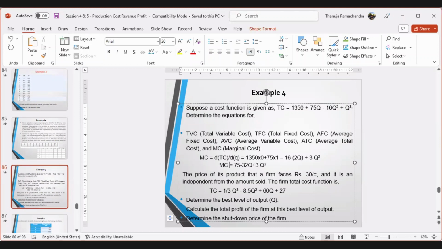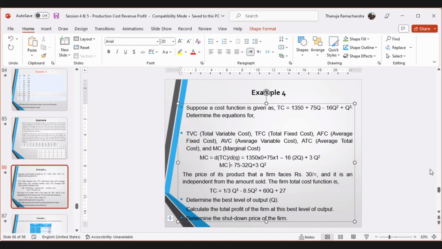The price of its product that the firm faces is 30 rupees, and it is independent of the amount sold. The firm's total cost function is again given. Determine the best level of output.